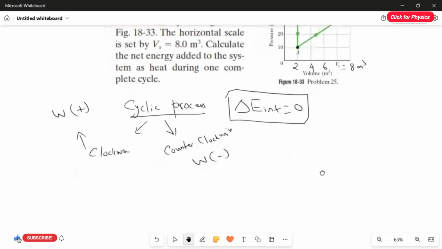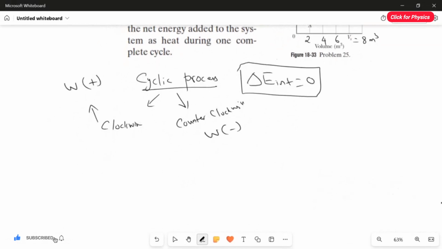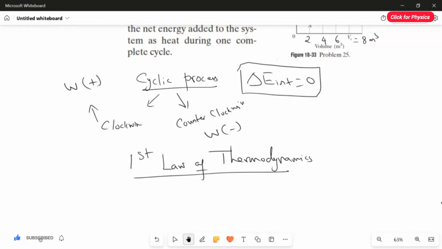For finding the net energy, first of all, let's consider the first law of thermodynamics. What did we study in the first law of thermodynamics? It's very easy.